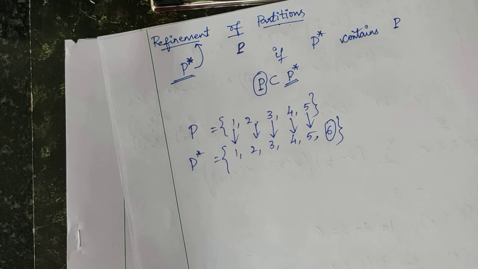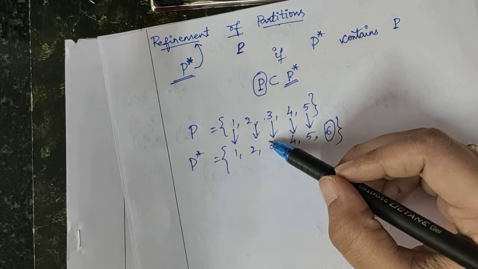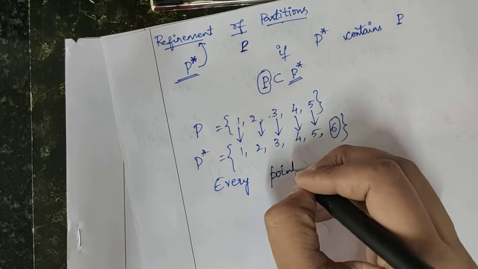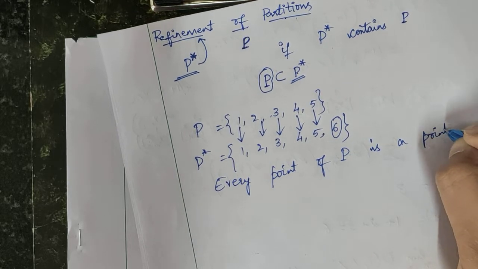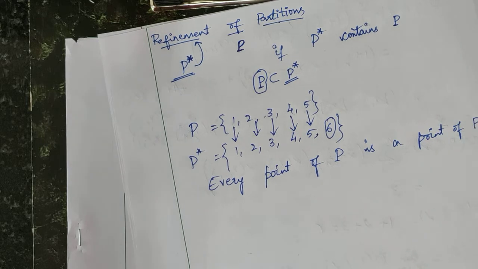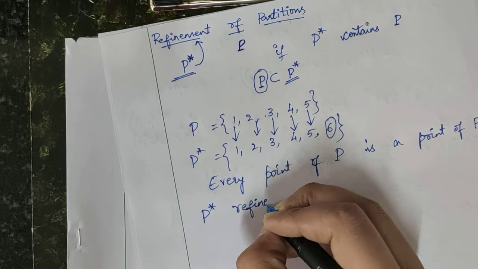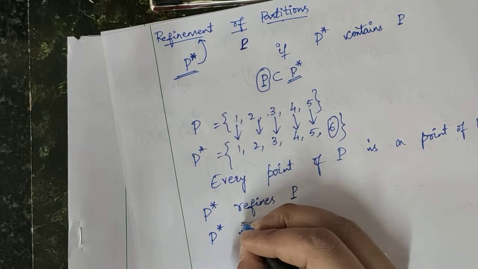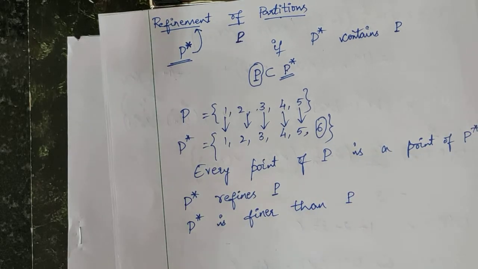This is nothing but a refinement of P. Every point of P is a point of P star, or in other words, P star refines P, or you can say P star is finer than P. Apart from the points of P, P star may contain some other points also.